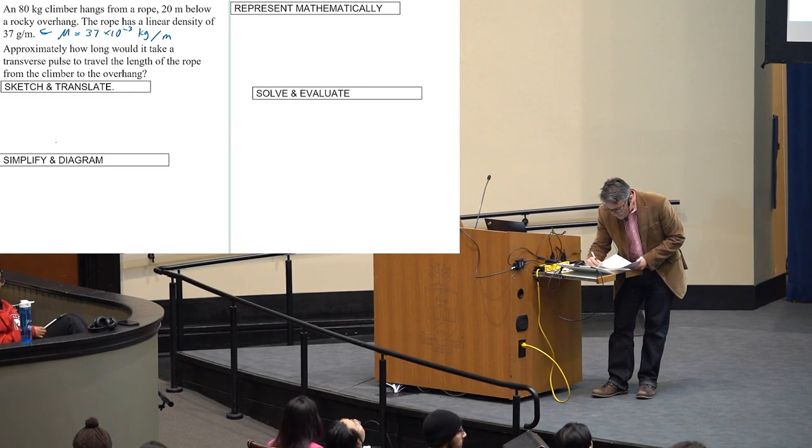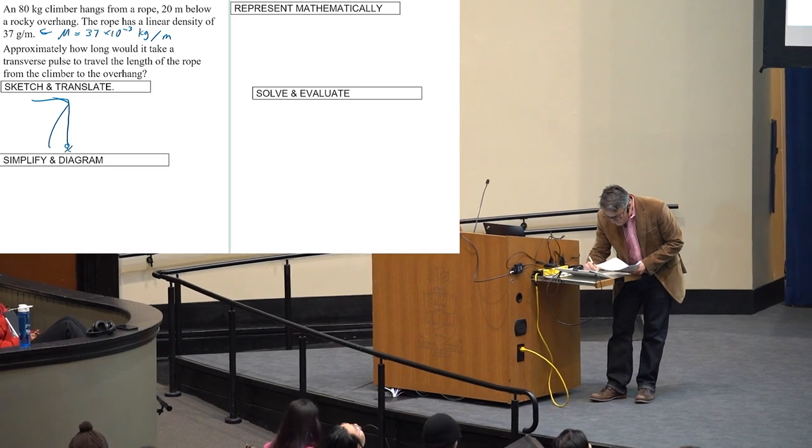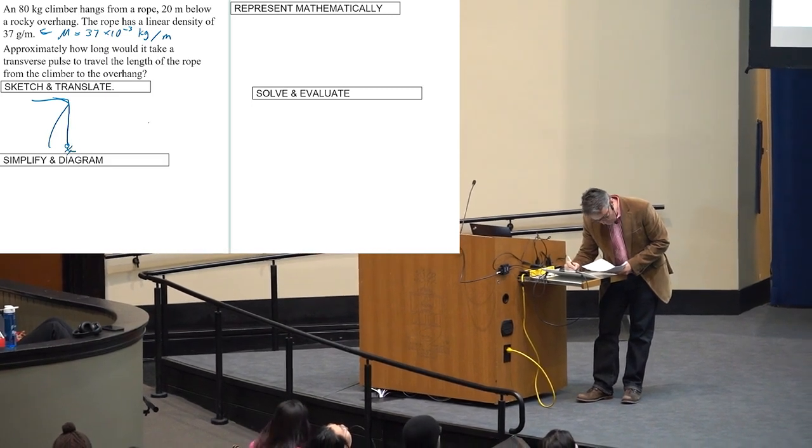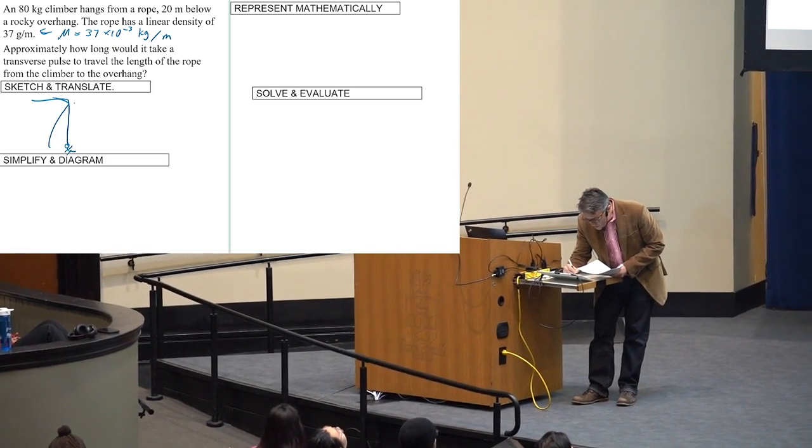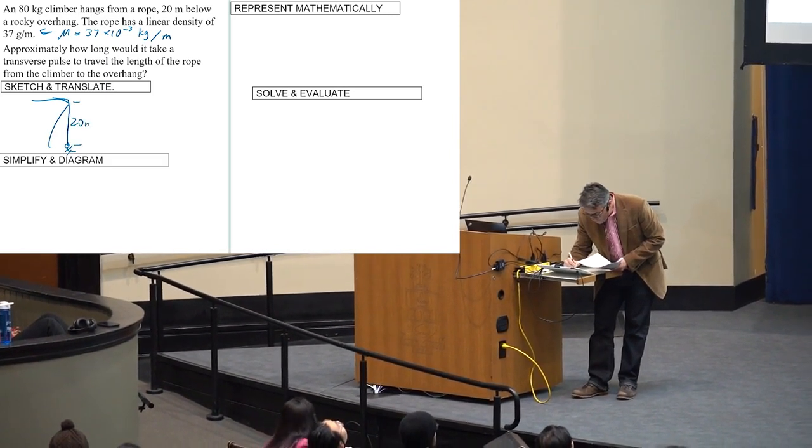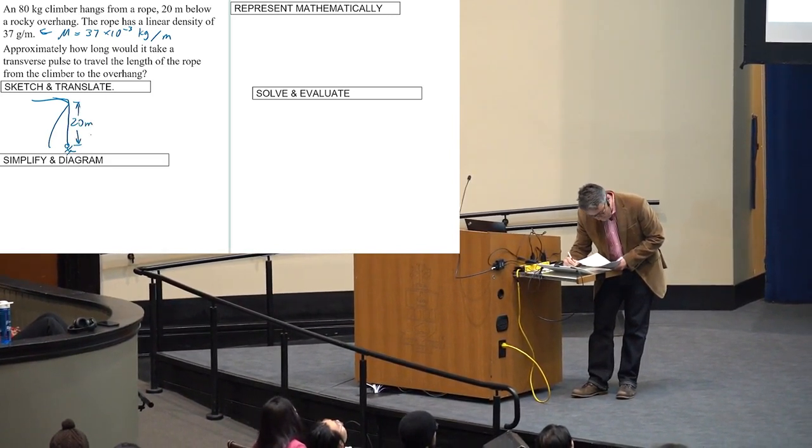So I don't know how to draw this, but maybe there's an overhang and then a rope that's going down some 20 meters, and there's a person hanging from it, a climber somehow. I'm not drawing a very good drawing there, but you got it. So this is the 20 meters from here to here. The mass of the person is 80 kilograms.